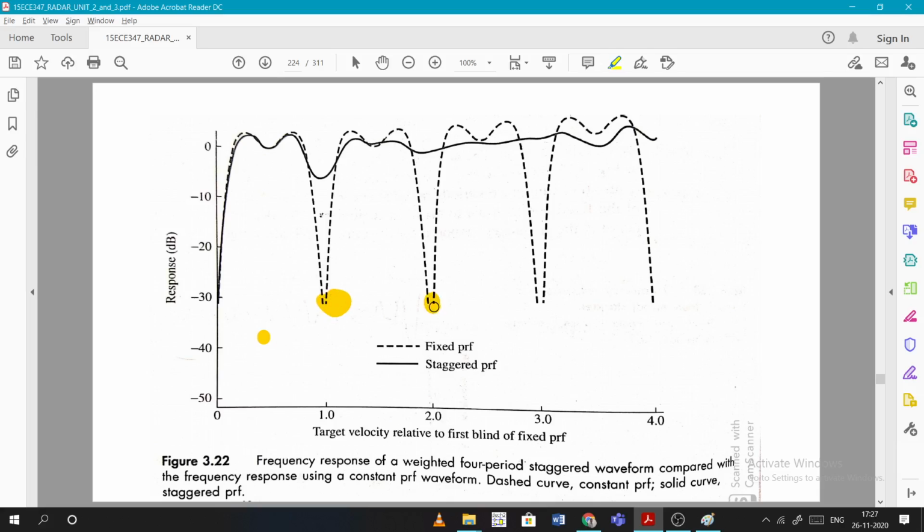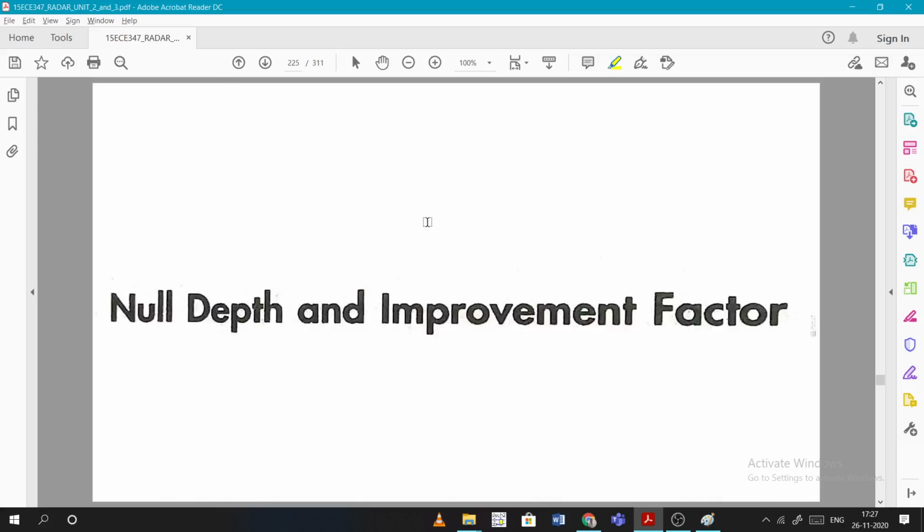At these points we are able to see the blind speeds. But if you observe the staggered PRF, there are no such blind speeds. We are not getting any blind speeds for this staggered PRF. That's why we are going with the staggered PRF here.